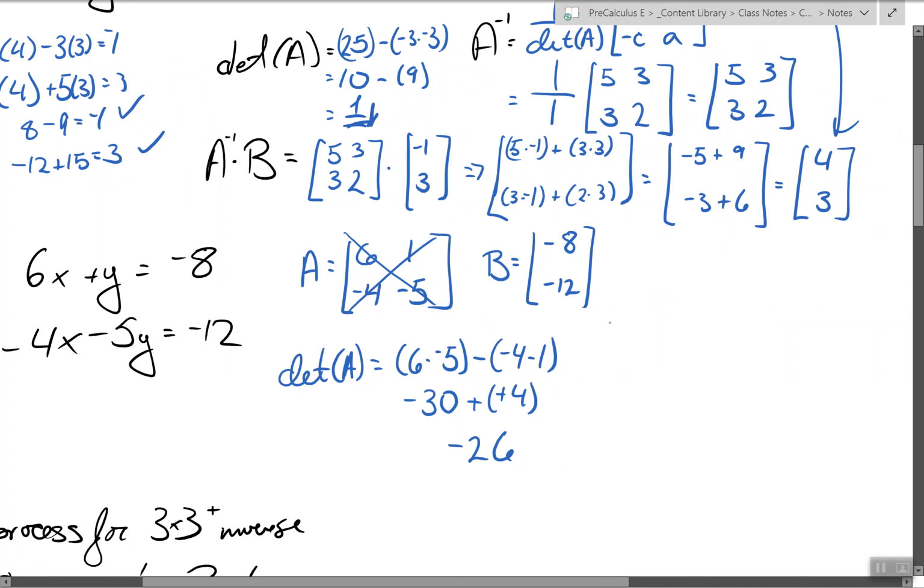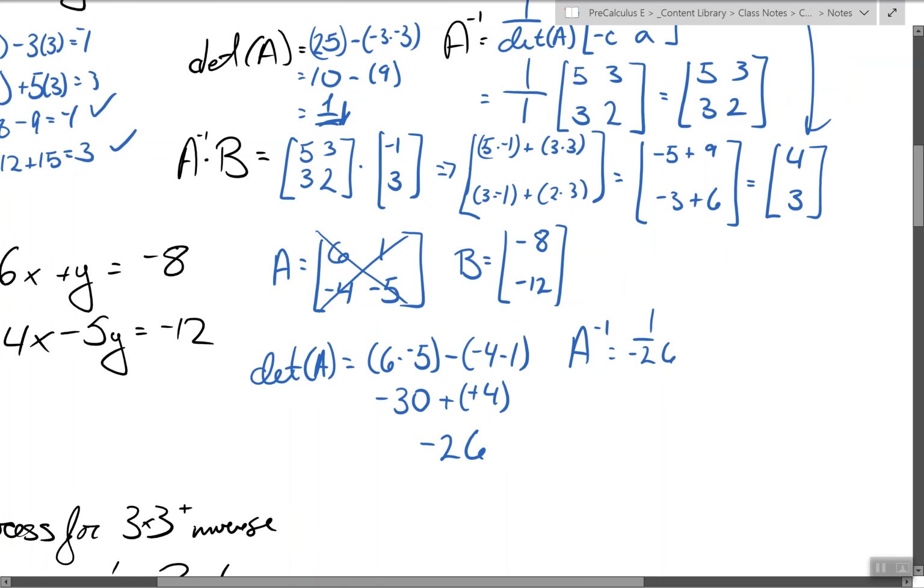So our inverse, we will have 1 over the determinant times, and then we're going to rearrange our matrix, so -5, -1, +4 there, and 6.